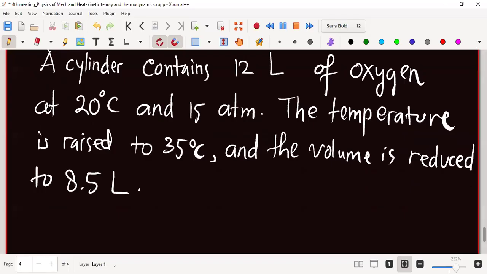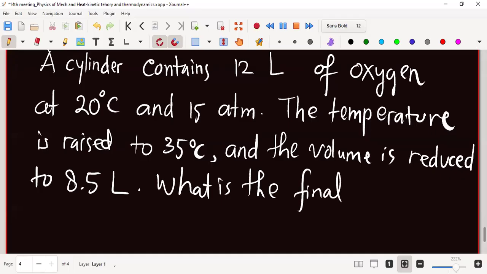So what is the final pressure of the gas in atmosphere? The unit of pressure is ATM, atmosphere. So the question is, what is the final pressure of the gas?